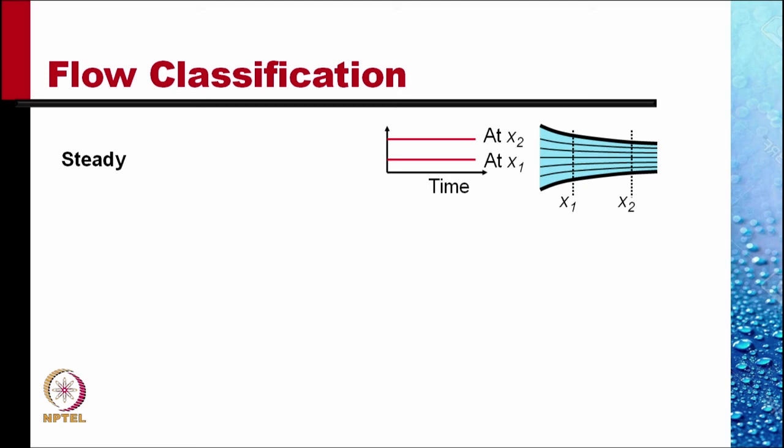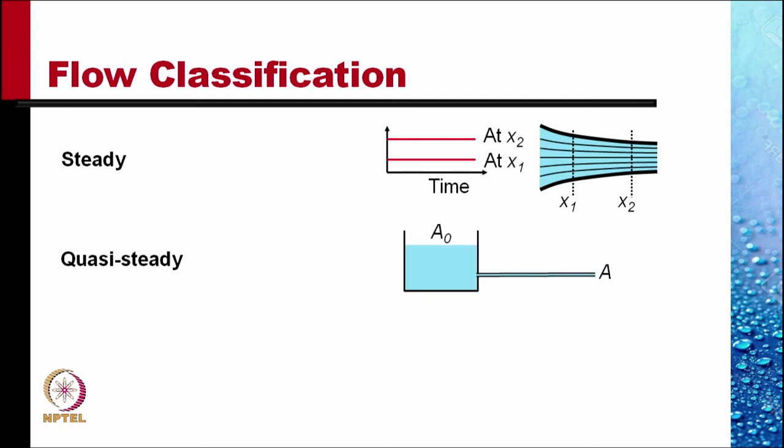This flow is termed steady flow. So in steady flow, the local gradient is 0. If we are using the property velocity, then del V by del t is 0. The local time rate of change of velocity is 0. But it does not mean that the acceleration is 0 as has been established earlier.